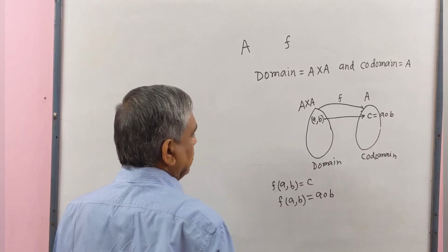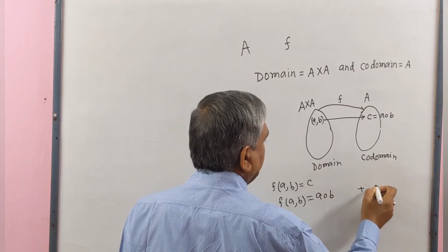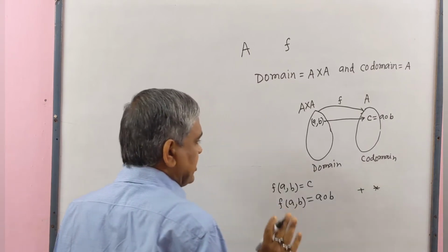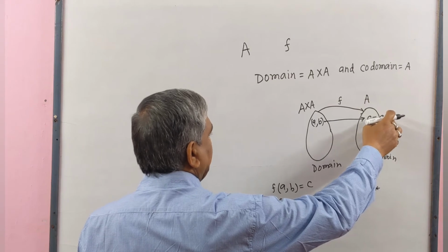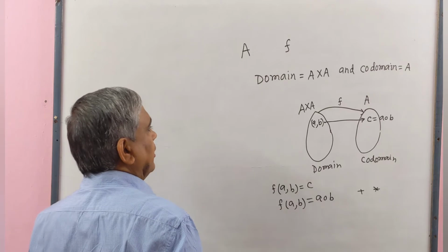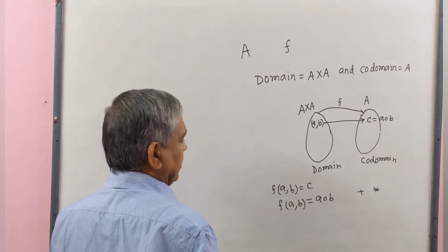This O may be addition, star, such that A operation B belongs to A, then F is called a binary operation.